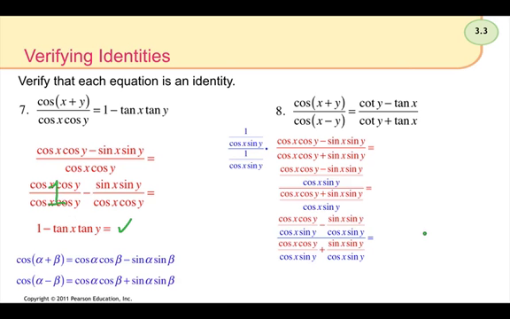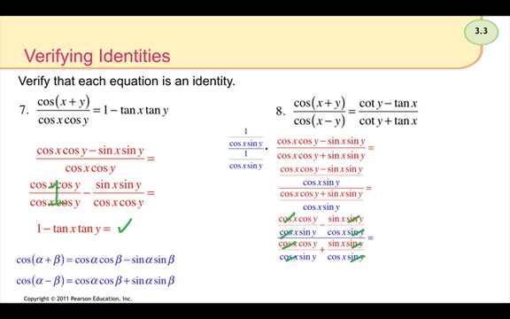This is what I get. And notice that once I have this, cosine cancels, sine y cancels, cosine x cancels, and sine y cancels. And I'm left with whatever this is.